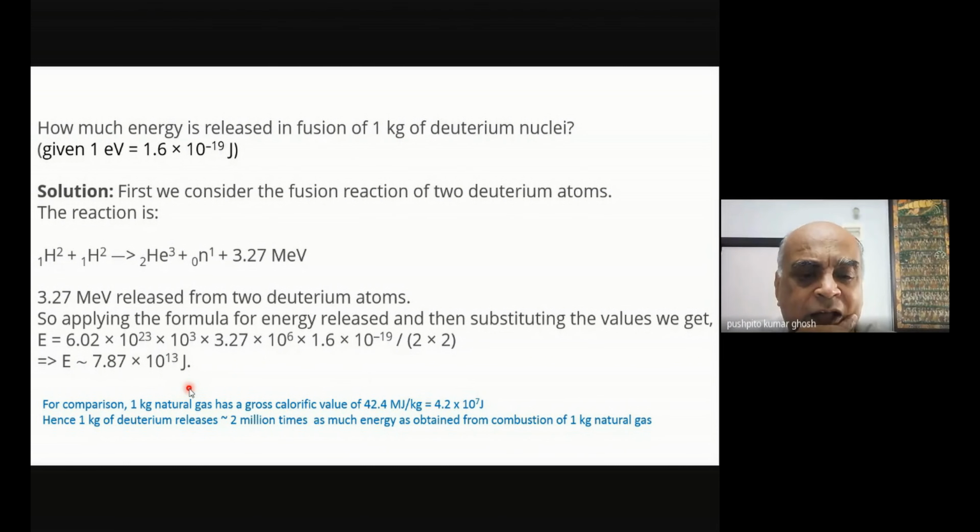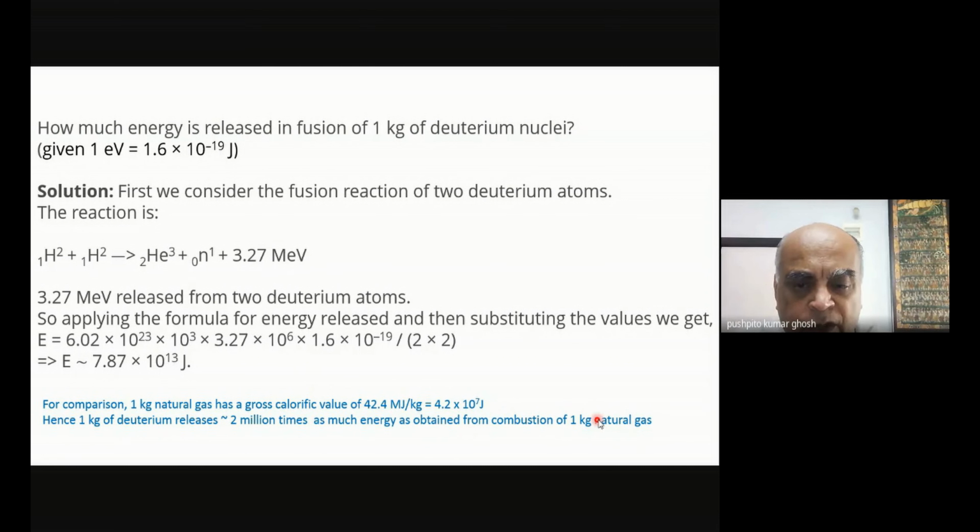Now, how much energy would be released if I burn 1 kg of natural gas? It has a gross calorific value of 42.4 megajoule per kg. I can write it as 4.2 x 10^7 joule. So what is my net ratio? 7.87 x 10^13 divided by 4.2 x 10^7, roughly about 2 x 10^6 times.